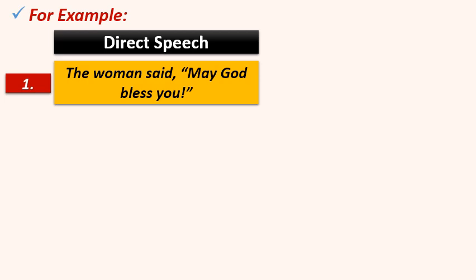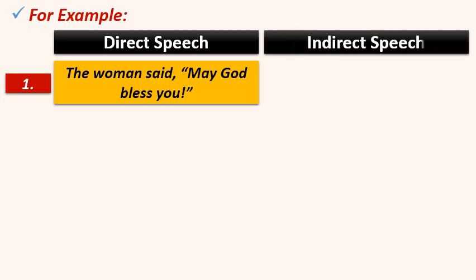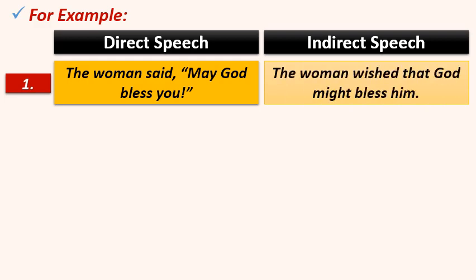If your structure in direct speech is subject plus reporting verb plus reported speech, then when you convert it into indirect speech, the structure of the sentence will be subject plus exclaimed plus with appropriate word plus that plus reported speech.